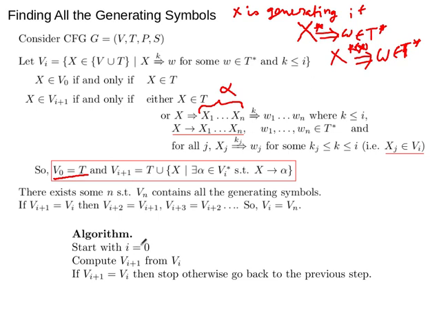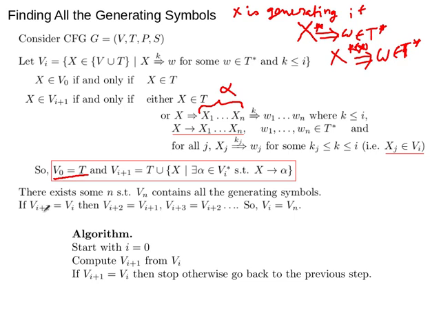You can write a program: start from V0 and compute Vi plus 1 from Vi. Now when do you know that you have reached this Vn which contains all the generating symbols? By this definition, if you have Vi plus 1 equal to Vi, then applying the same process again you get Vi plus 2 equal to Vi plus 1, right?